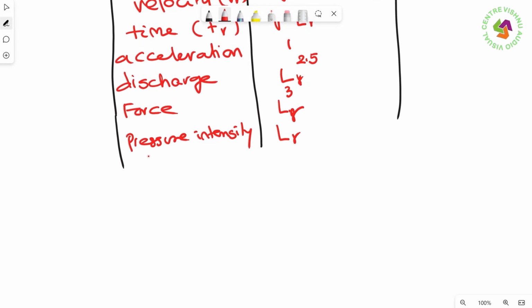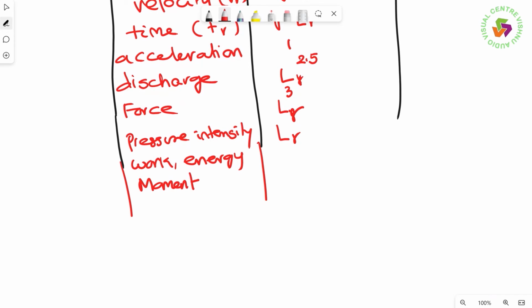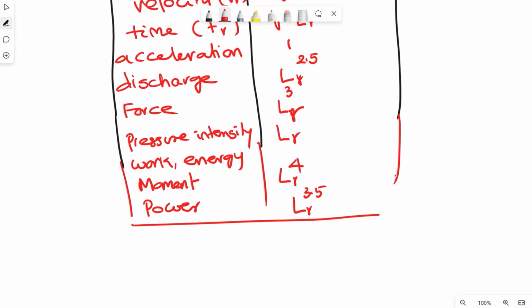The next ones which we have taken are work, energy, and moment. For all these things, it is LR to the power of 4. And the last item which we have taken, power, is equal to LR to the power of 3.5. So this we should remember.